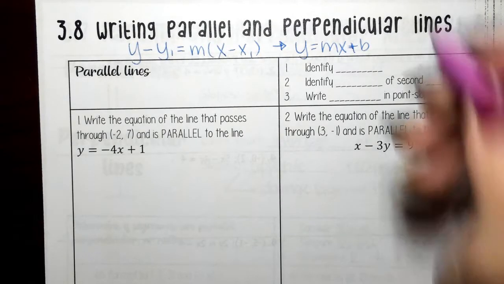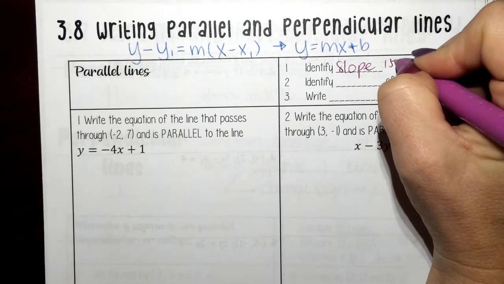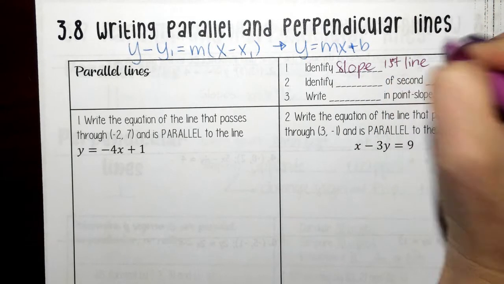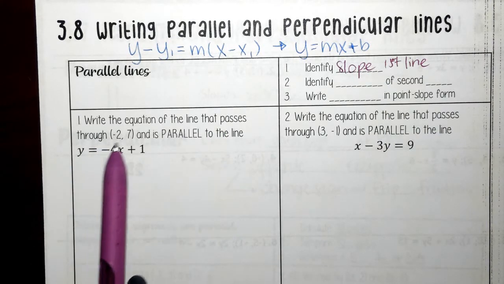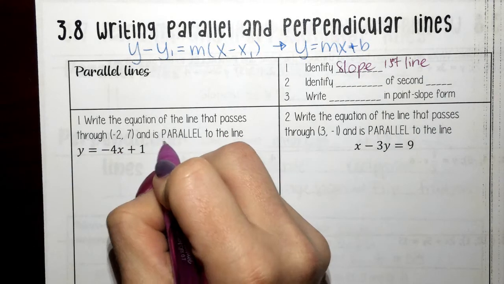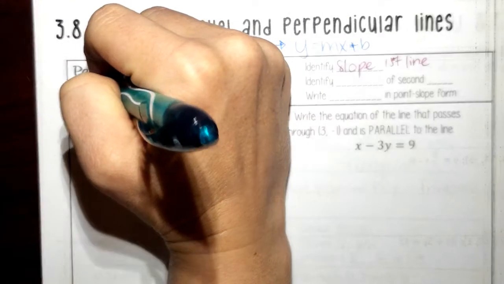So first, let's identify the slope of the first line. Looking at this example, we've got: write the equation of the line that passes through this point and is parallel. So our slopes are the same.